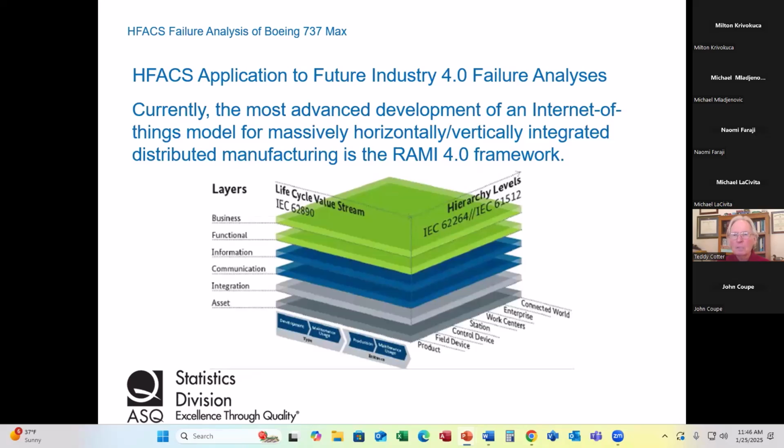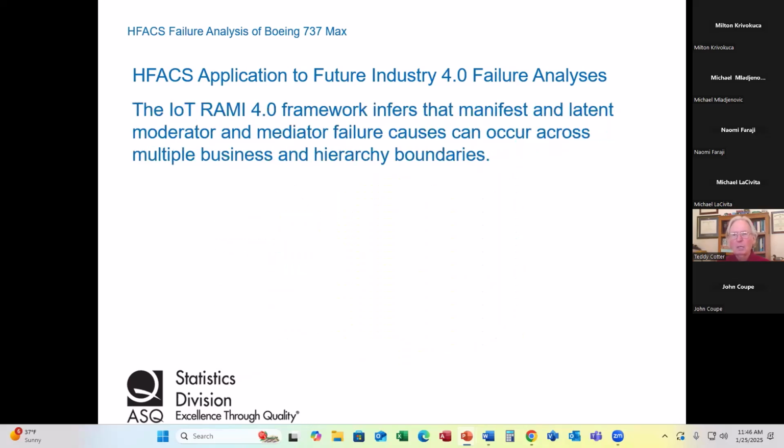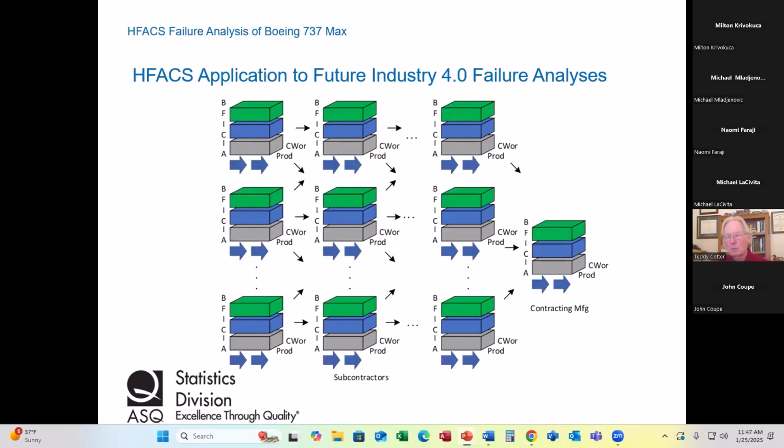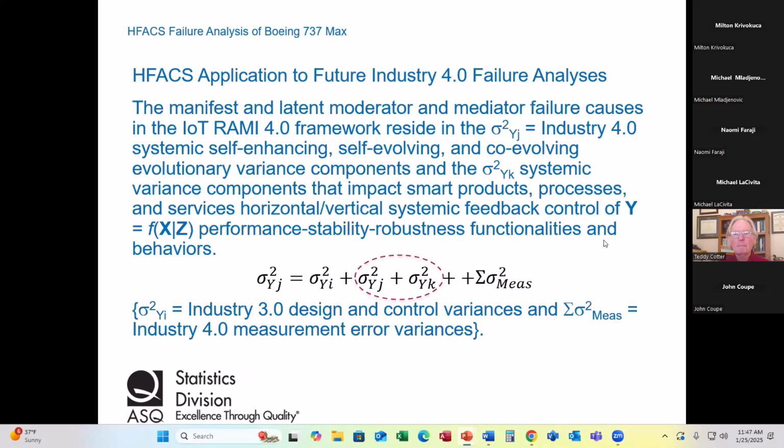So all of these present variance components, latent variance components, that can be induced into the manifest failure of products that are delivered to our customers. In services, control of Y equals f of x, z. Notice we have the z there for the latent failure modes, either the mediator or the moderator variables.